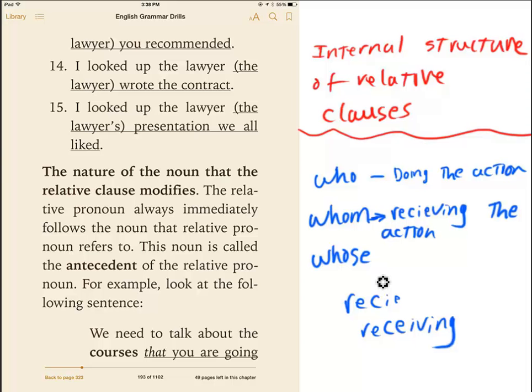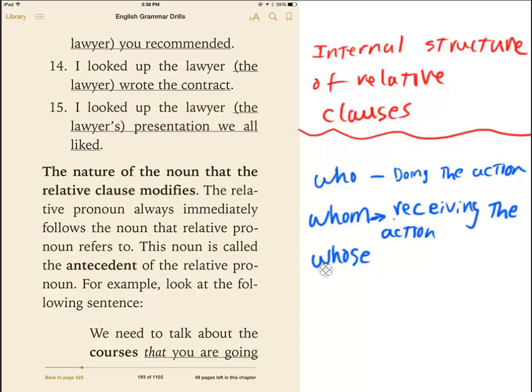Maybe I'll look it up really quickly. Yeah, I before E, I guess the rule does apply. Sometimes rules aren't always true. So get rid of that little thing there. I apologize for my misspellings here. Receiving.